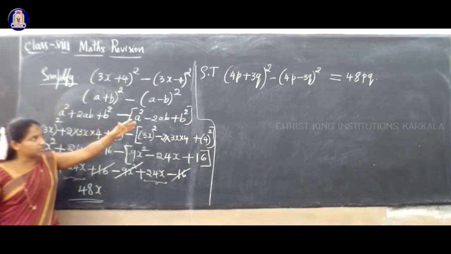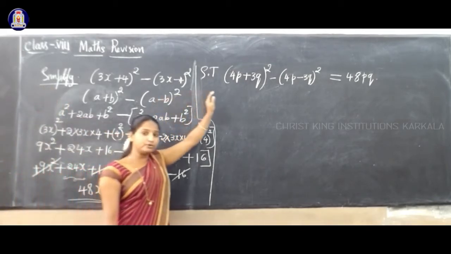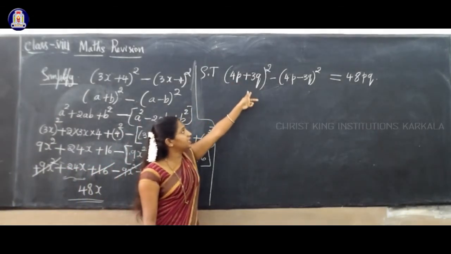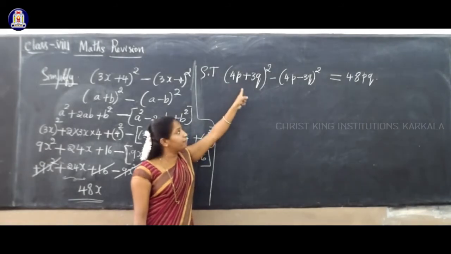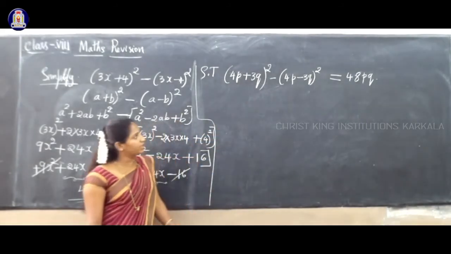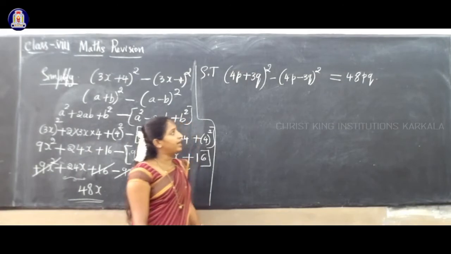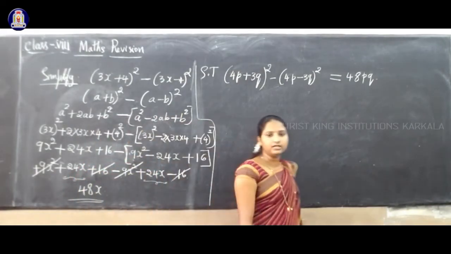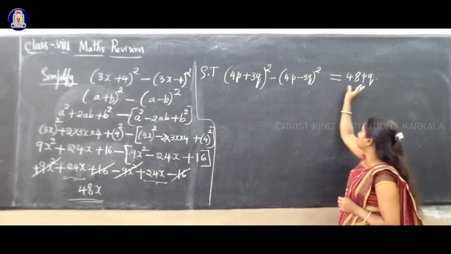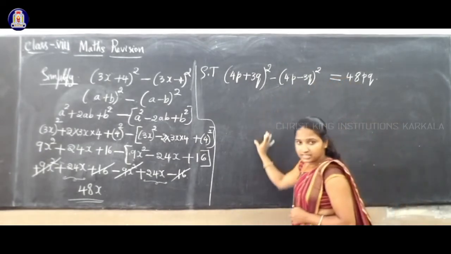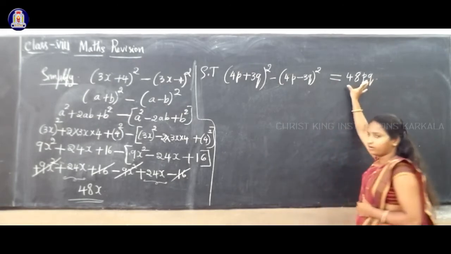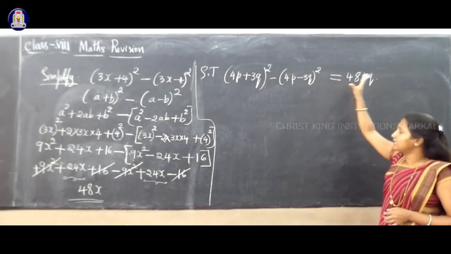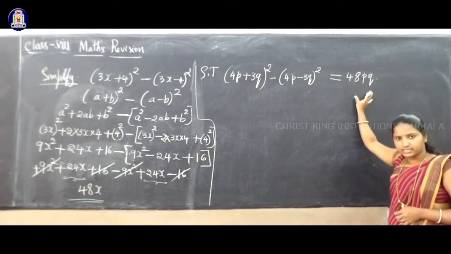In the second question it says show that or prove that: 4p plus 3q the whole square minus 4p minus 3q the whole square is equal to 48pq. Finally, after simplifying the left hand side, you must get 48pq. That means show that the left hand side answer is equal to the right hand side answer.